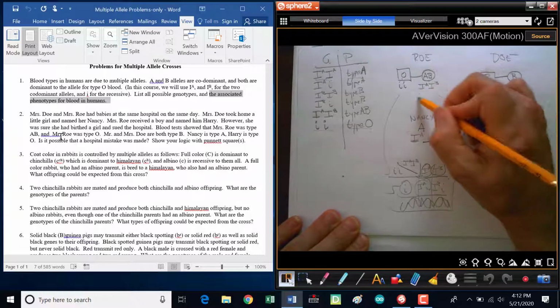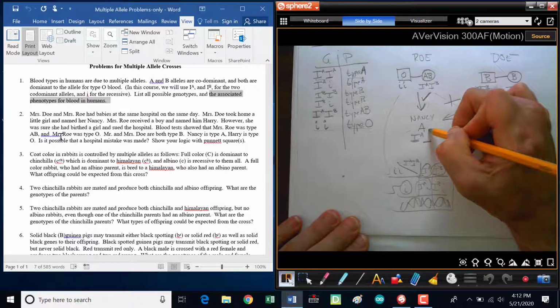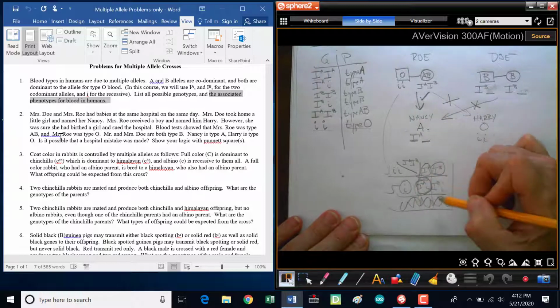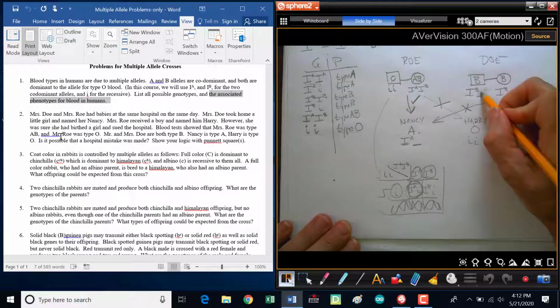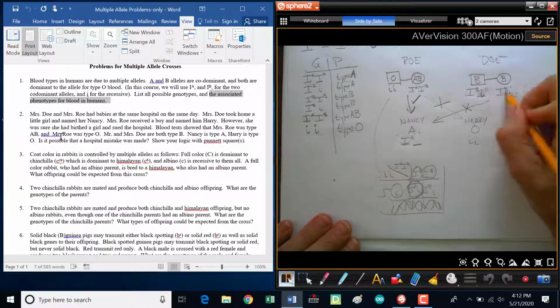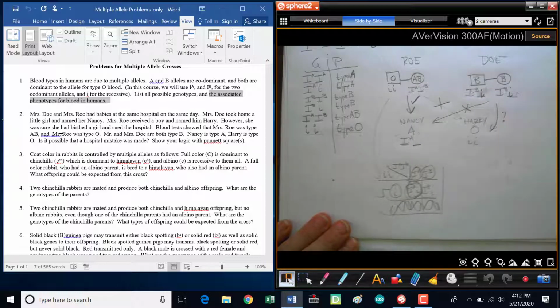It is possible that these two parents could produce a type O offspring. It's right there. And it is possible if both of the Does are hybrid type B, IB little i, IB little i, they could produce Harry.